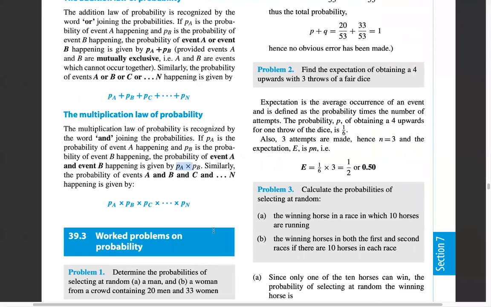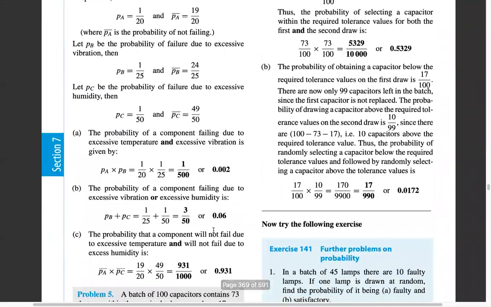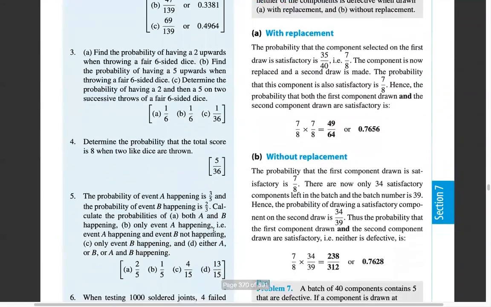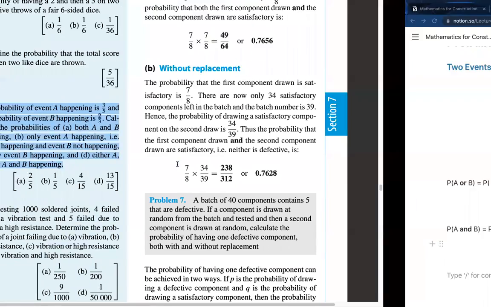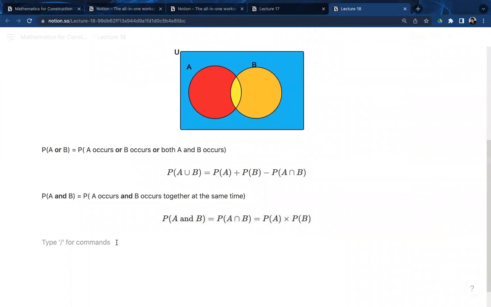So this question here, number 5, let's see if I could copy this and paste it here. This would be our question 1, section 1.